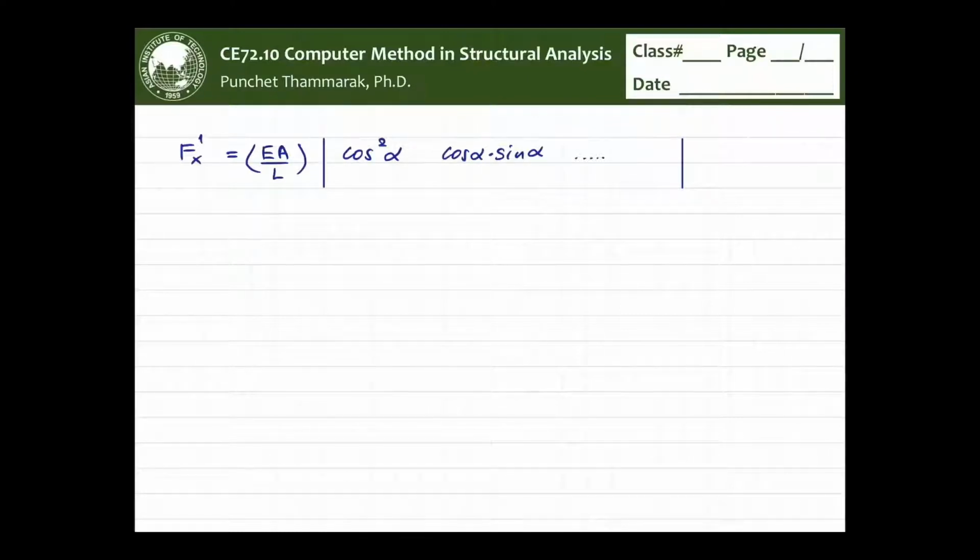And what else? U1x, U1y, you're gonna have U2x and U2y. Move it up a little bit.